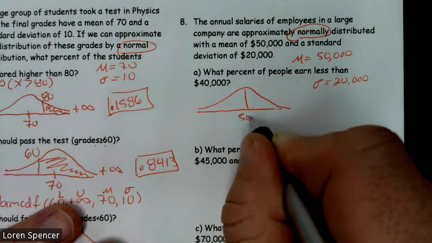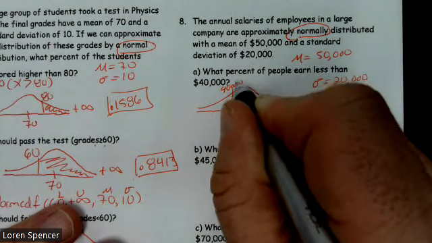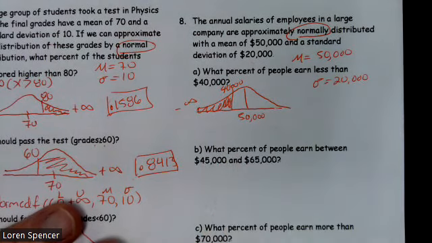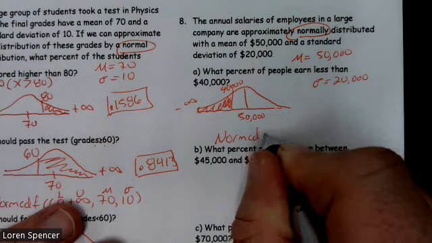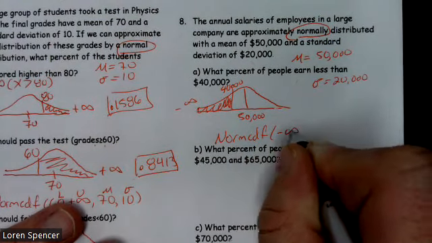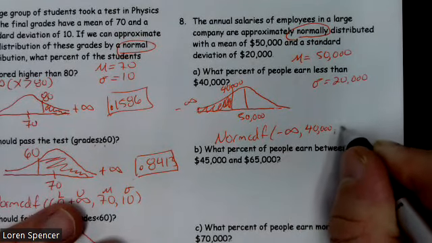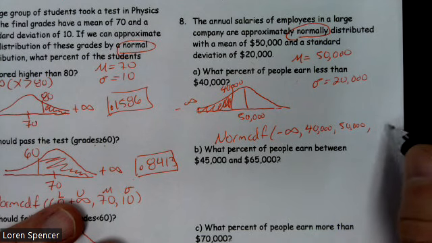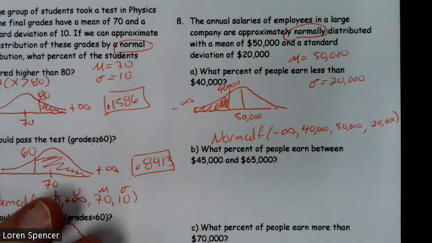Well, here's 50. 40 is below it. And we go to negative infinity. So norm CDF, negative infinity. Upper is 40,000. Mean of 50,000. And then 20,000 is our standard deviation.